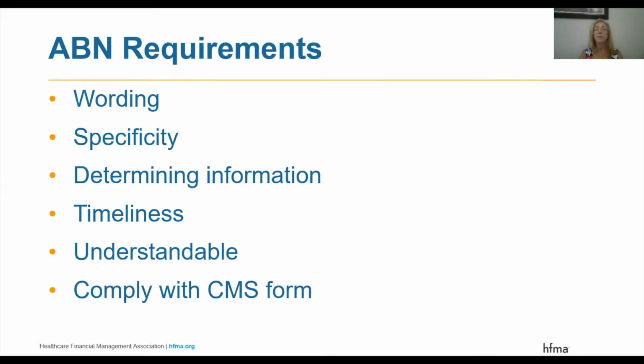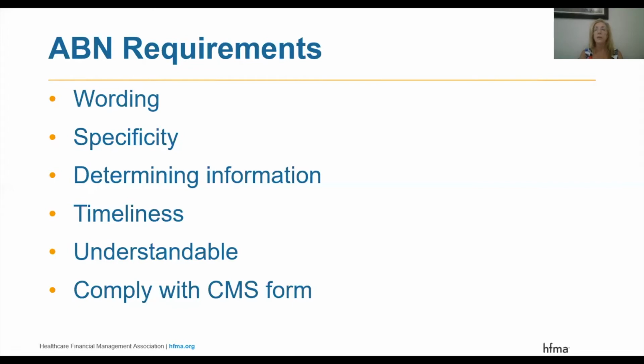The ABN must be on the approved CMS form. Follow the wording provided by CMS to ensure that it's easily understood. Clearly identify the specific test or service identified as non-payable. Provide the information as to why it's not payable: not covered, deemed experimental, or possibly frequency limits if the patient is only allowed to have that test once a year.